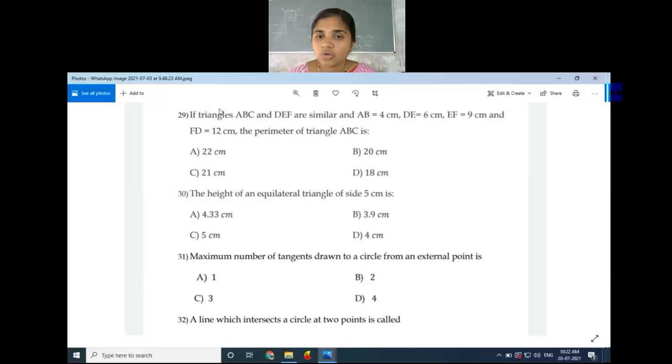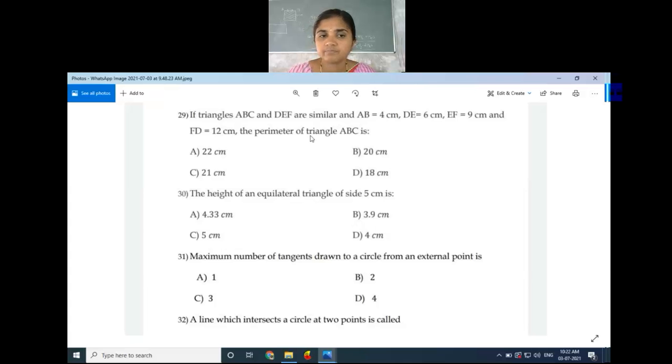If triangles ABC and DEF are similar and AB is equal to 4 centimeter, DE is equal to 6 centimeter, EF is equal to 9 centimeter and FD is equal to 12 centimeter, the perimeter of triangle ABC is.